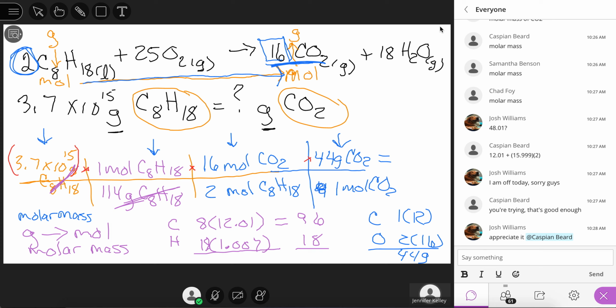And at the bottom, so then that's going to give you an answer on the top. And then on the bottom, you're going to multiply those things and then get that answer and then divide them. So what do we get at the top when we multiply all that stuff across? So that'd be 3.7 times 10 to the 15th times 1 times 16 times 44. Let me see if I can pull up a calculator.